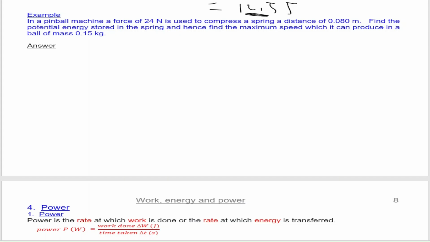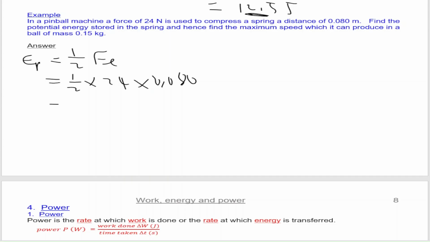The potential energy stored is equal to half Fe. So the extension is 0.08, given there. So it's going to be half times 24 times 0.080. If you do the maths there, you should get 0.96 joules for this one.